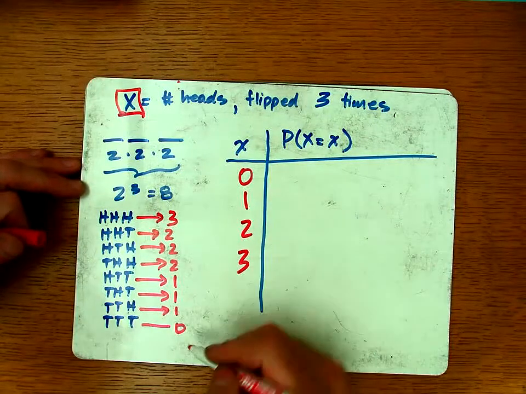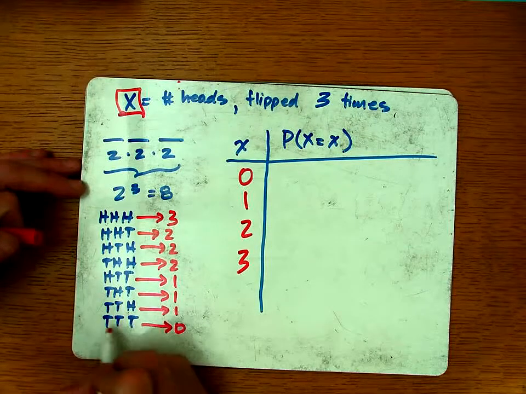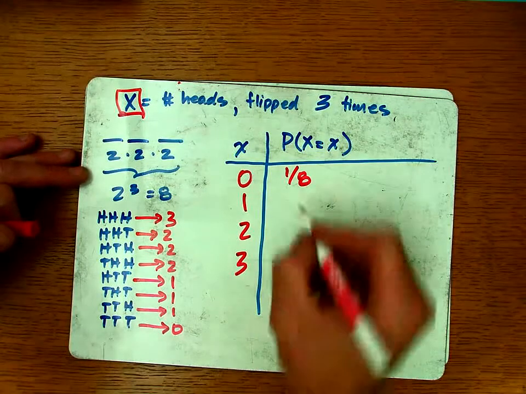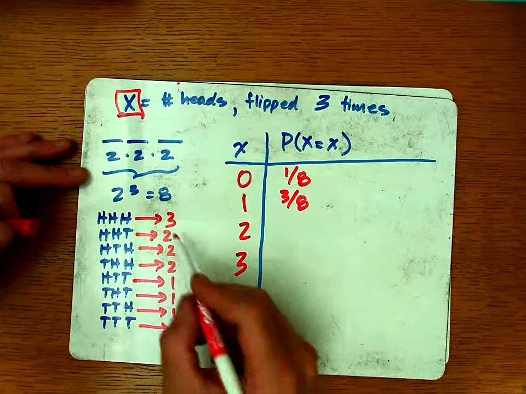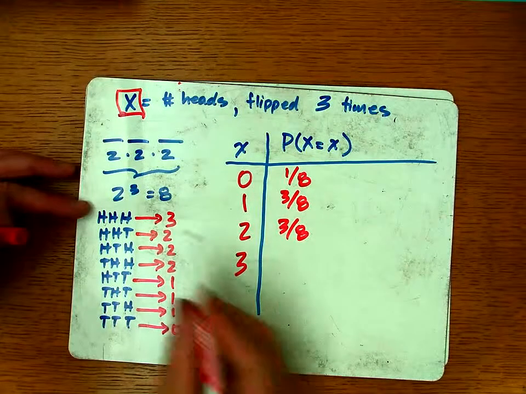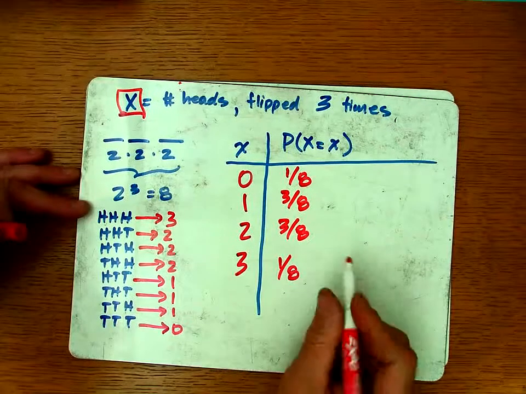The probability it takes on 0 is just 1 out of 8 outcomes, so it's 1/8. The probability it takes on 1 happens 3/8 of the time. The probability that it takes on 2, also 3/8 of the time. And the probability it takes on 3 happens 1/8 of the time.